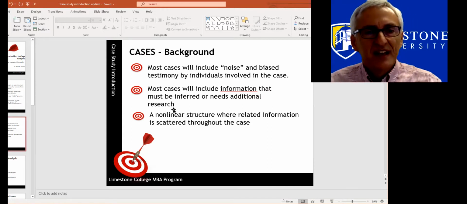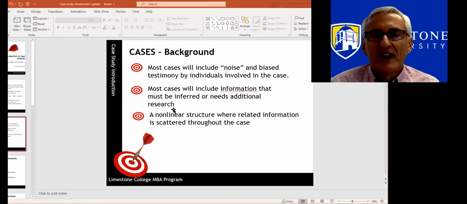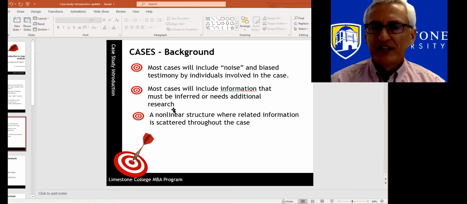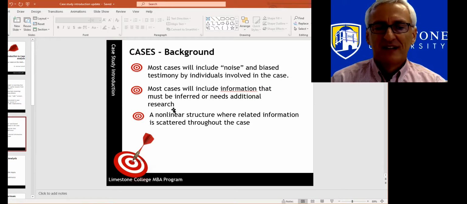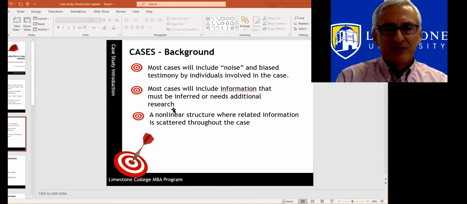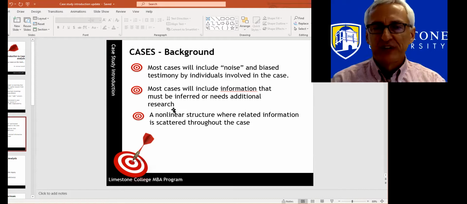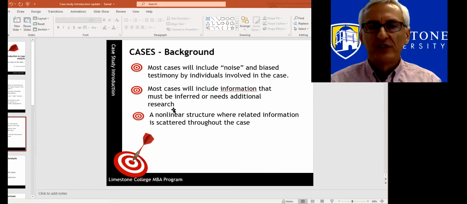The last thing is that some of the cases follow a very linear structure, and some of them are more like an interview where we're interviewing 10 different people. So some of the relevant information is covered over, let's say, 3 different pages in 3 different interviews of 3 different individuals that you kind of have to piece together.